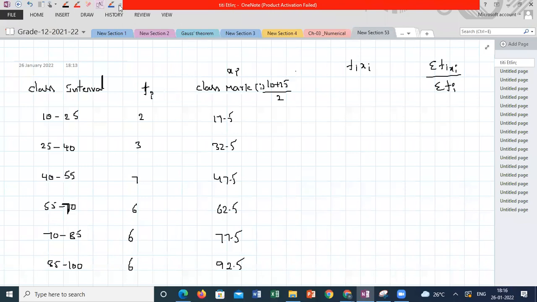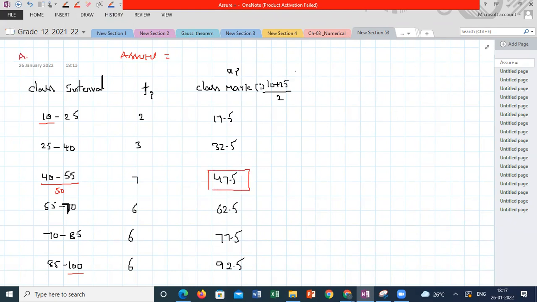But here we are not doing that. We have to assume one mean. See here, the lowest is 10 and the highest is 100, so the mid value is around 50. The 50 is coming around here, between 40 and 55, so I assume 47.5 as the assumed mean.